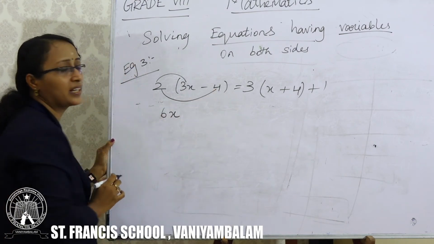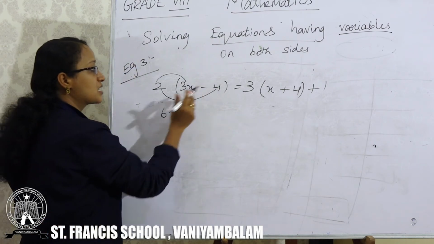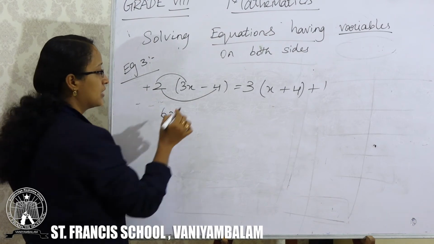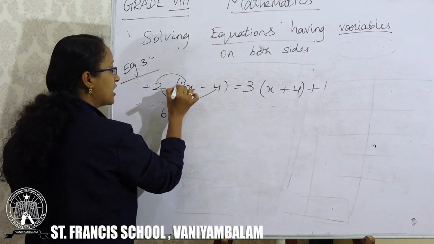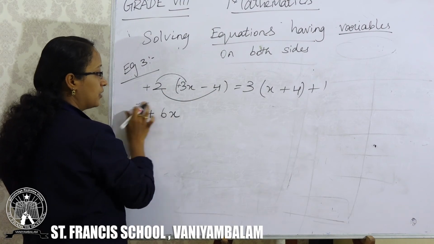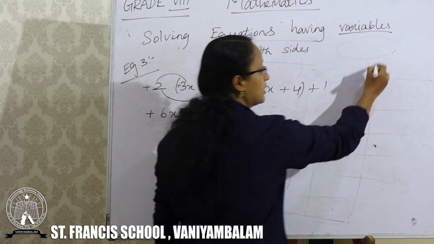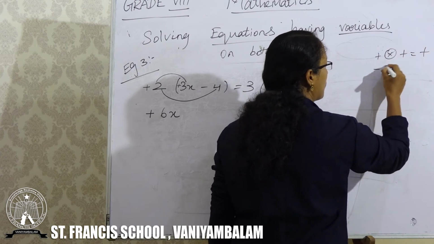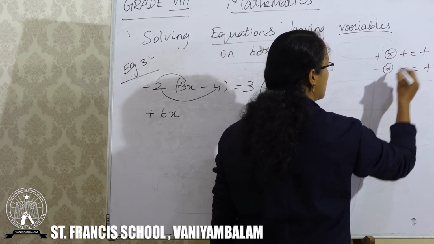Next, multiply this 2 with minus 4. The symbol for 2 is plus, and here the symbol for 3 is plus. Plus into plus, plus. Do you remember symbol multiplication? Plus into plus is plus. If you multiply the same symbols, positive sign.